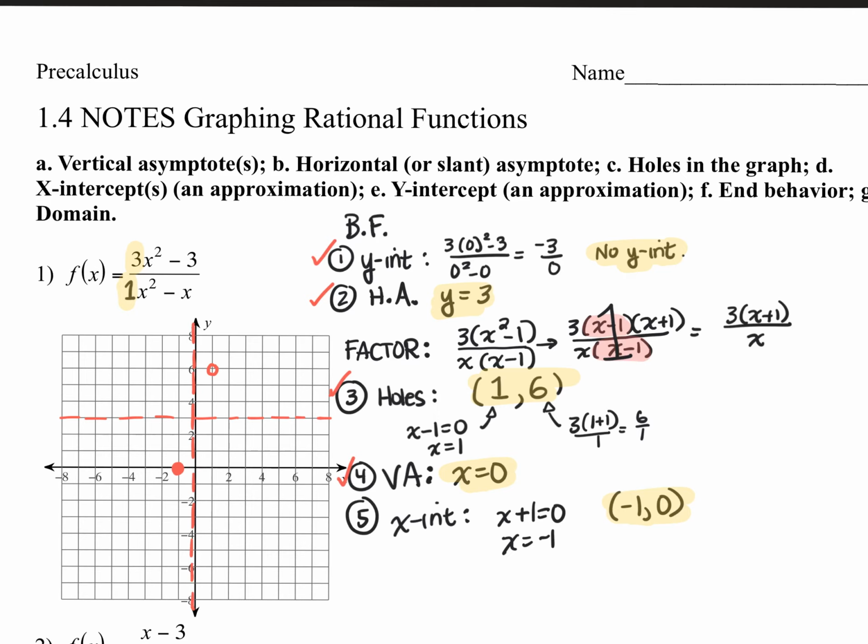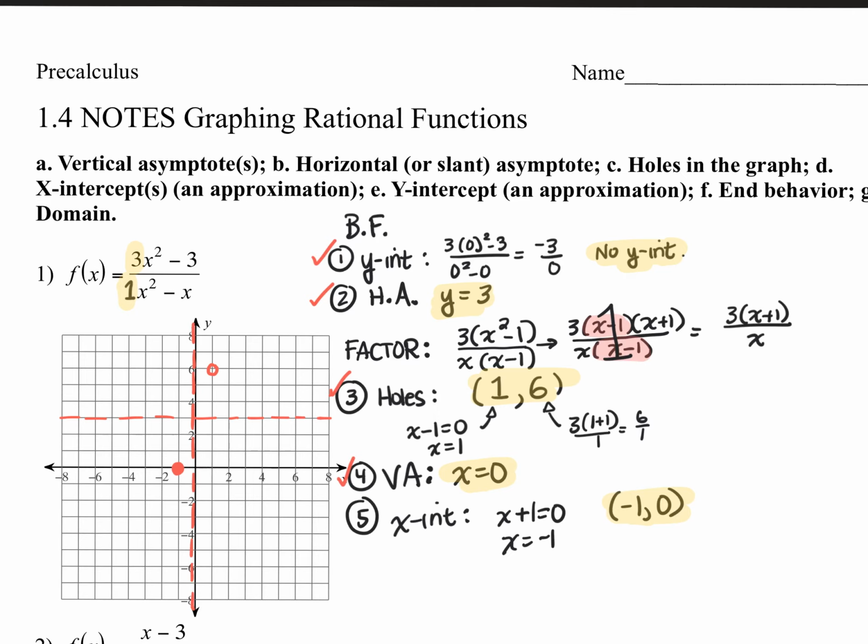It can't cross through a vertical asymptote, and it could possibly cross through a horizontal or slant, but we know that at the very least it's going to stay very close to it as it goes out away from (0, 0). So what helps me here is that I already have an idea of where this graph is going to be placed on this right side of the vertical asymptote, and I can also see on the left side of the vertical asymptote about where it's going to be.